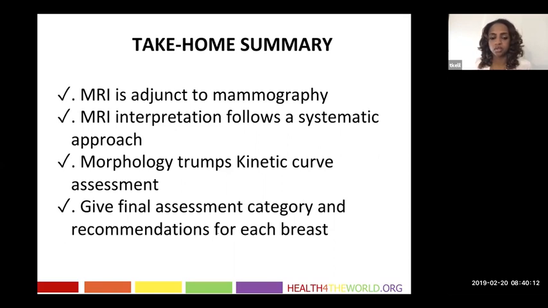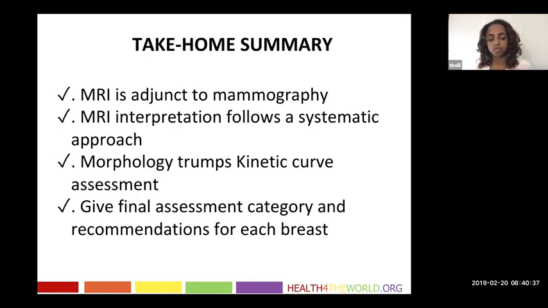MRI interpretation follows a systematic approach. So we looked at how you evaluate step by step, put all of your findings together to come to a conclusion. So you want to look at how much fibroglandular tissue there is, what the background parenchymal enhancement level is, whether it's symmetric or not. And then you want to look for your abnormal enhancing findings.